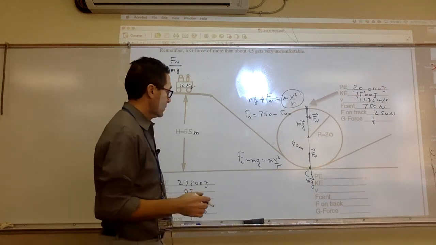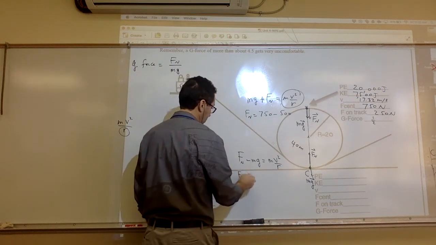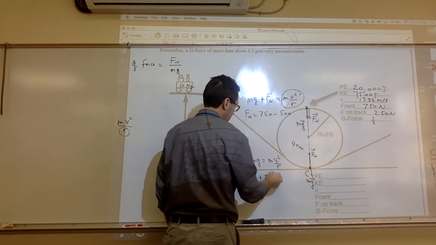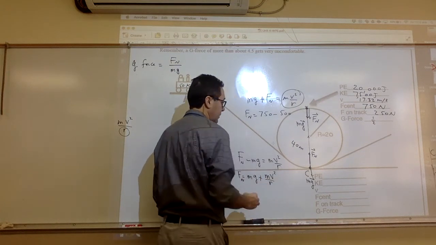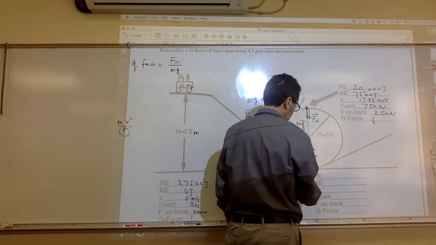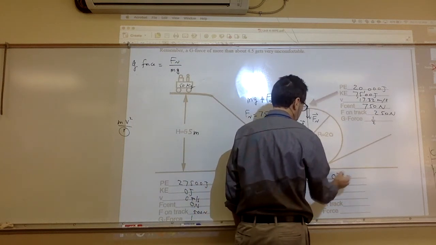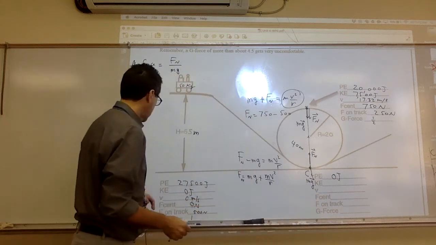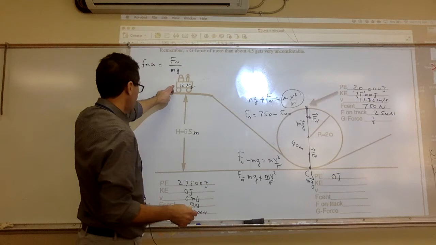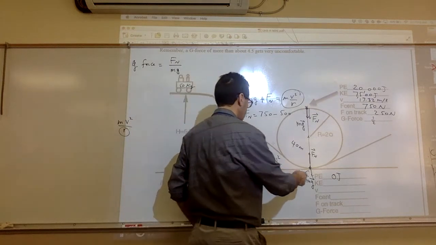So Fn will be equal to mg plus mv squared over r. Now it's a different v. It's the v down here. So let's figure that out. The potential energy at the bottom is 0 joules. Now all this gravitational potential energy you had at the top gets converted into kinetic energy.